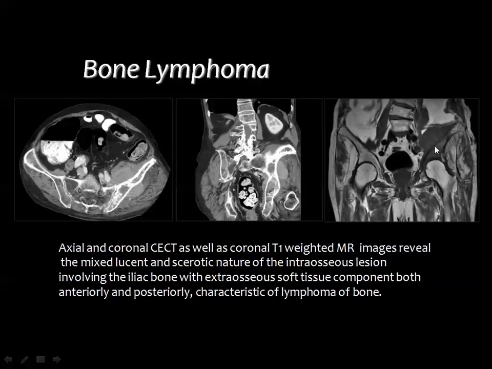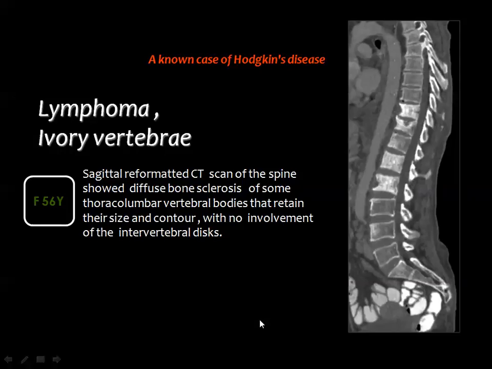And this is the appearance by MRI T1 weighted image. You see the bone marrow involvement and the extraosseous soft tissue component. Then, if you see this appearance, this is good for the diagnosis of lymphoma because of the osteolysis and the sclerosis, but metastatic disease is still a possibility, and you will need to verify the nature of the lesion by biopsy.